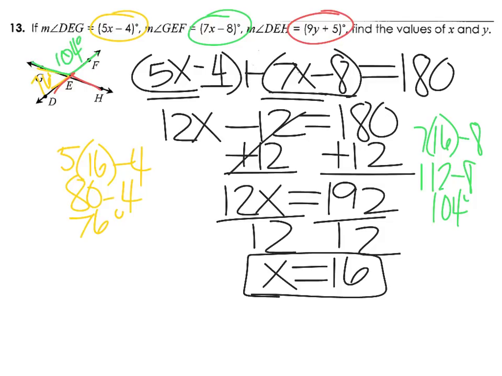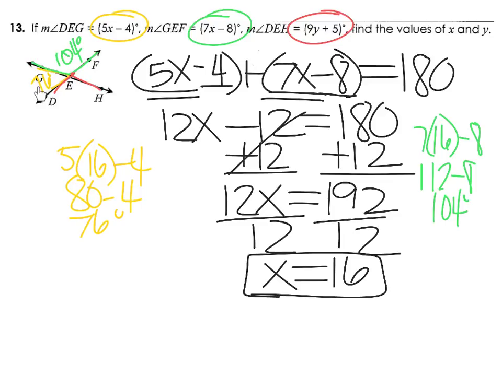And as it should be, that means we did it right, because if this is 76, 180 minus 76 gives us 104. Now if this is 104, it's vertical angles with this angle. So we know that this angle equals 104. We can set up an equation saying 9y plus 5 equals 104. Another way you can do it is we know that this angle and this angle are a linear pair because they form a straight line.